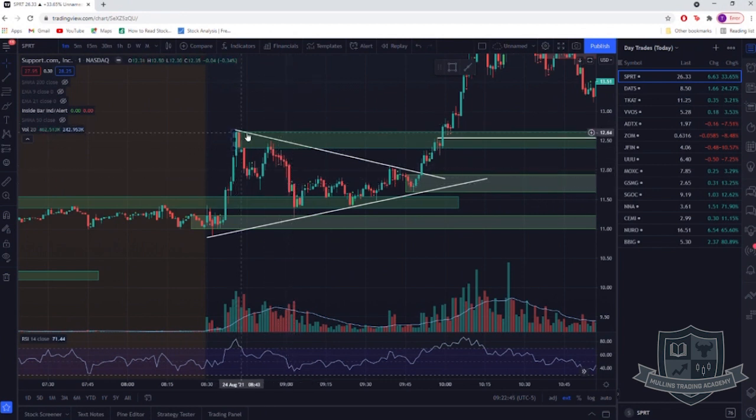The talented bears are adding here as their first ad, and then they're kind of waiting for their turn because there's a little bit of covering here from maybe some bears who don't know what they're doing, and some entries from longs who think that price can continue going upward. Then the good bears add again, and then maybe you get some novice, amateur bears that are like, oh man, price is going down, I'm in. And then they get smoked a little bit.